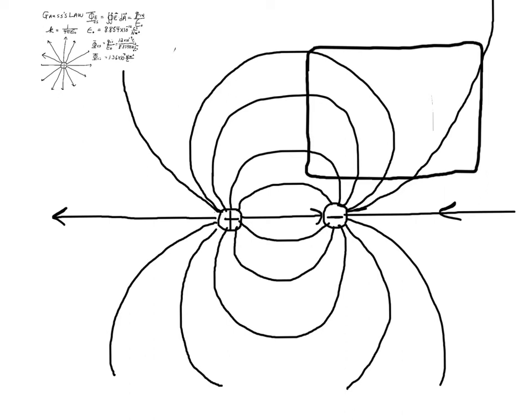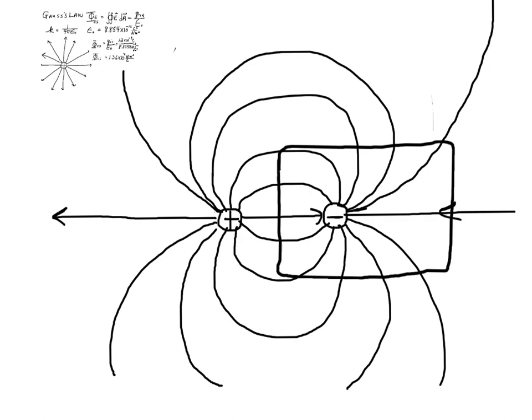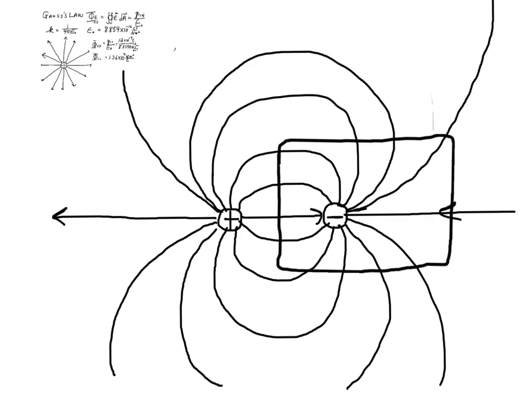If I now slide the square here, I have 12 lines entering and 0 lines leaving, so the net flux is a negative 12. That's what's inside there, a negative 12 nanocoulombs.